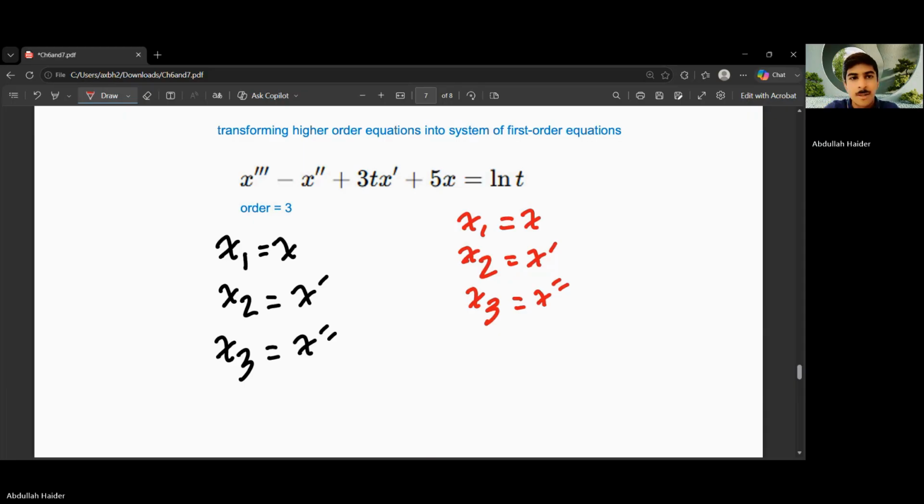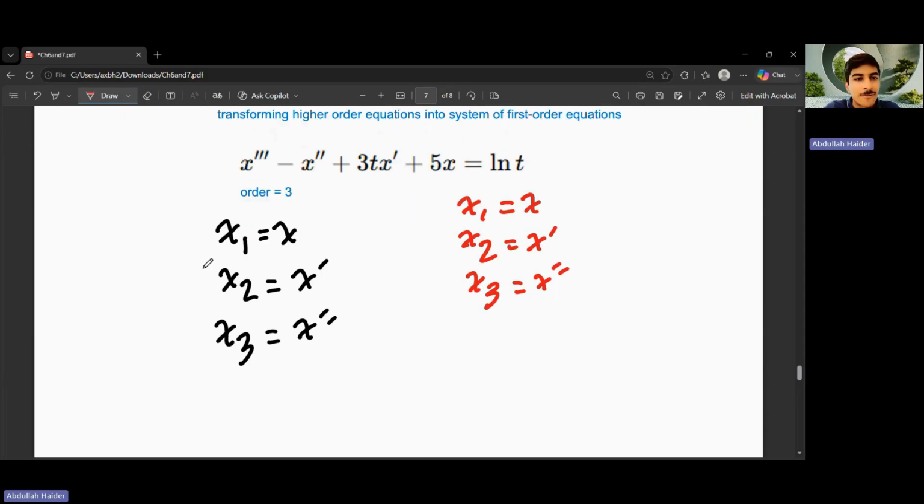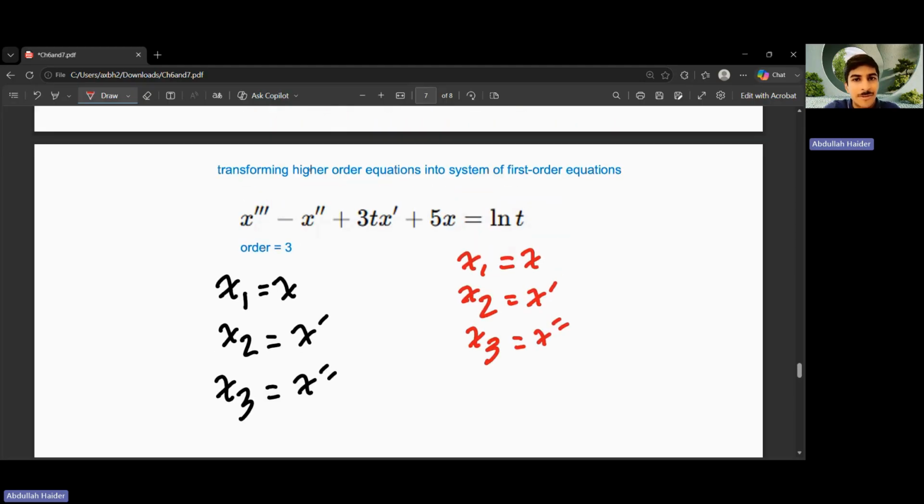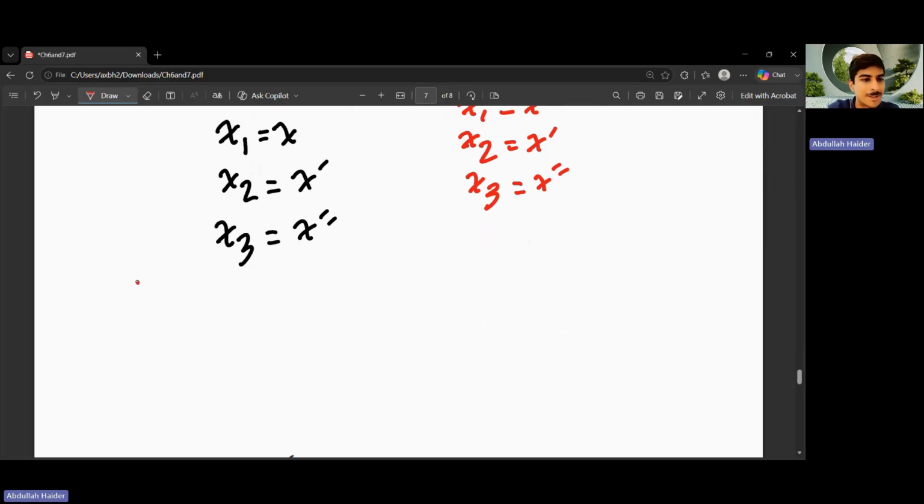And our requirement is a system of first order equations. So what I'm looking for is x1 prime, x2 prime, x3 prime.